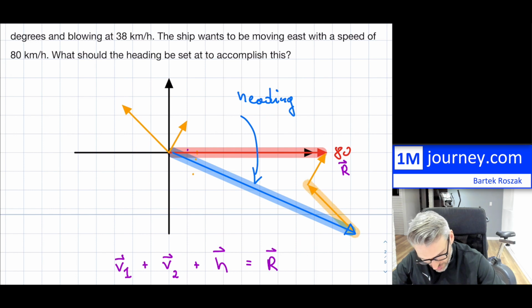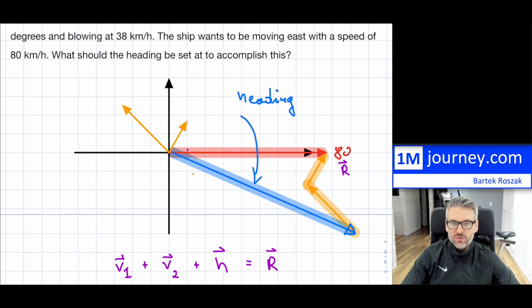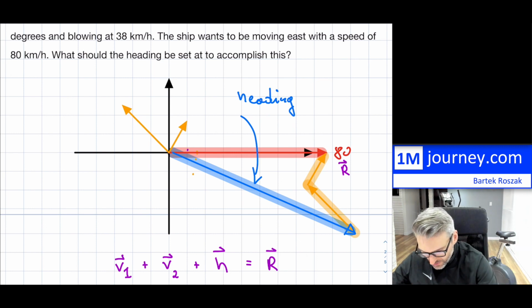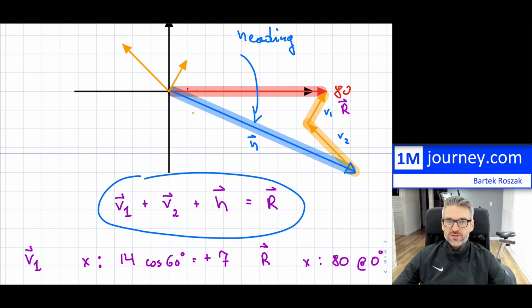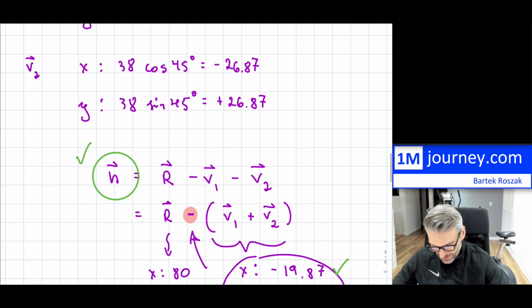So they're pushing you in this direction, and then they're pushing you in this direction, and as a result, you're going basically east. So this was our V1, V2, and then this is our H, right? And the addition of those three is going to be our resultant vector. So that's how it would look like right there.